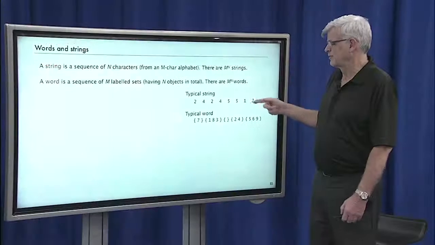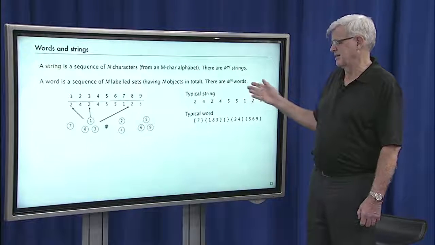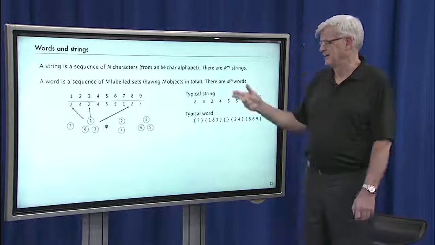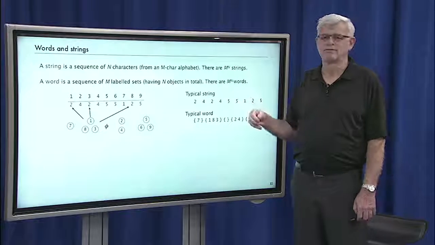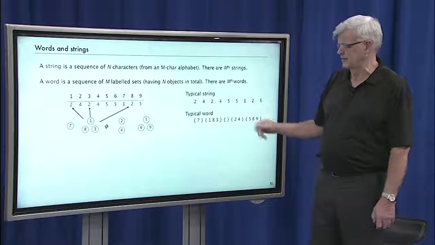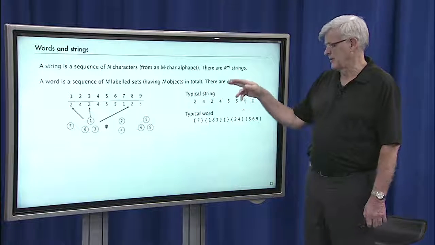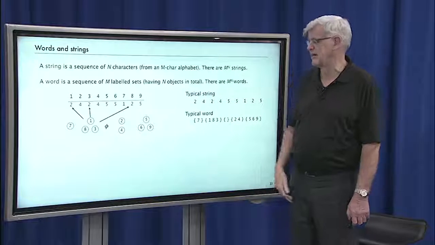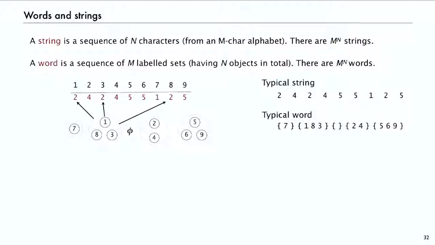Now these are really two different ways of looking at the same object, because if you take the string and you take every occurrence of the letter i as being the ith set in a sequence. So for example, 1 in this string appears in position 7, and that's the only place it appears, so that corresponds to the set 7. 2 appears in 1, 3, and 8, so that corresponds to the set 1, 3, and 8.